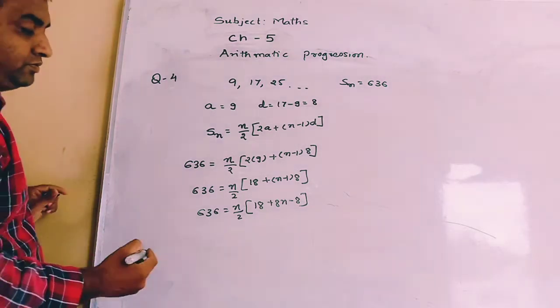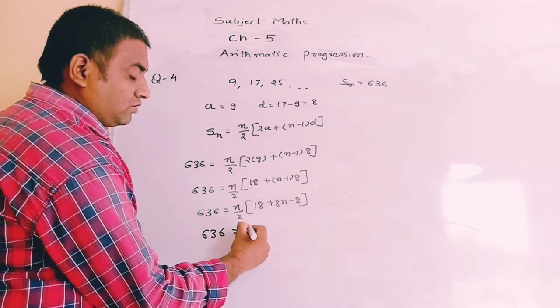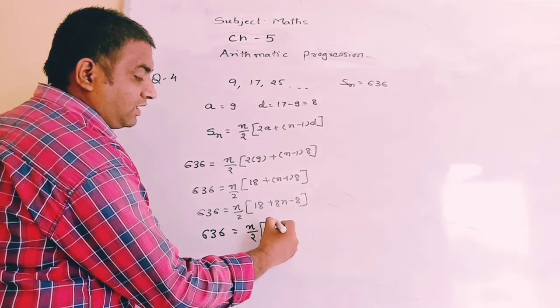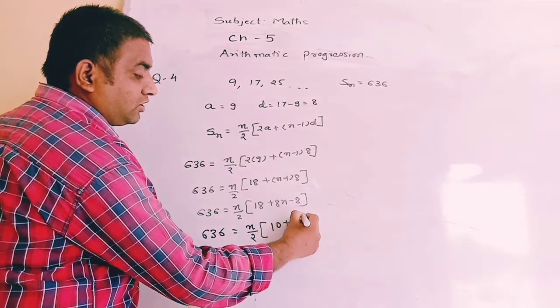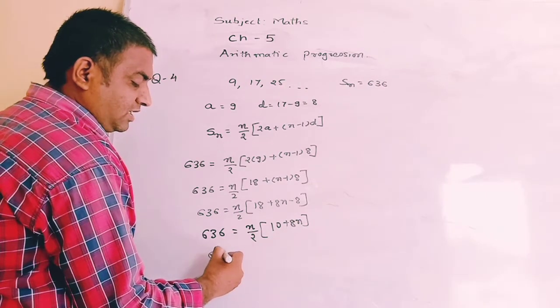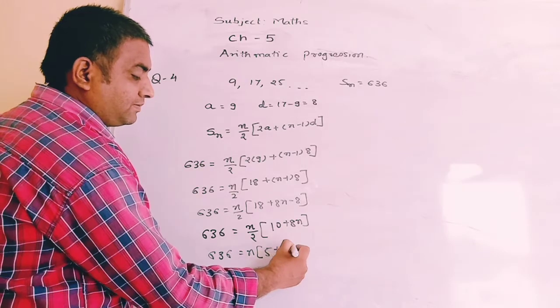And so it will be 636 equals n by 2 into 18 minus 8, that is 10, plus 8n. So 10 plus 8n both are divisible by 2, so we divide it. And 636 equals n into 5 plus 4n.